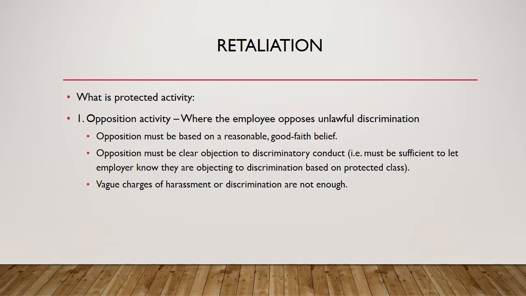You've got to give specific information and make it clear to the employer that you're objecting or opposing their unlawful discrimination. So protected activity on opposition oftentimes boils down to exactly if what the employee said is sufficient enough to establish opposition.